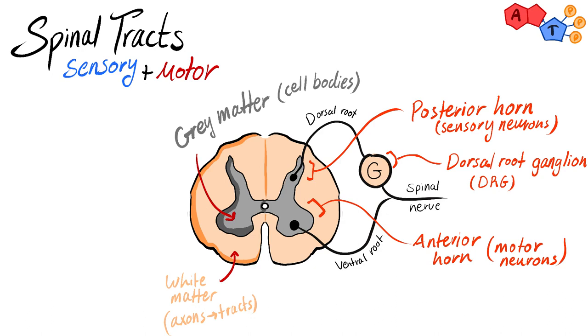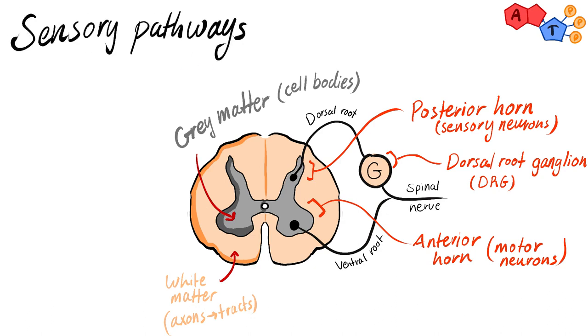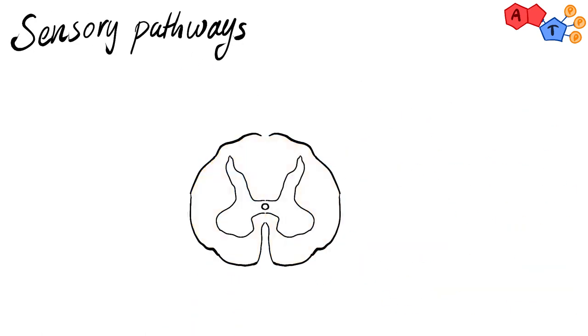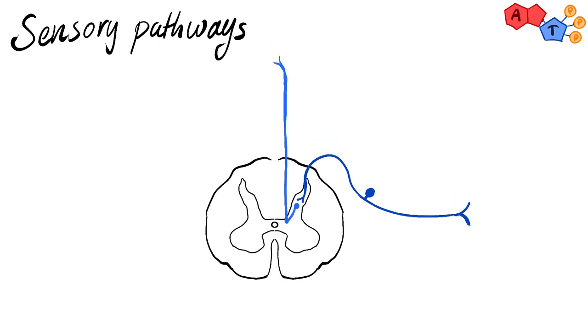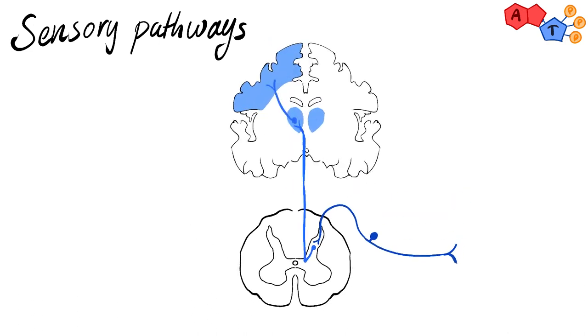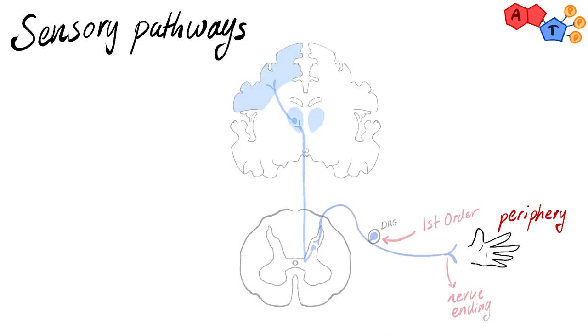Also, when talking about sensory pathways, we usually discuss first, second, and sometimes third order neurons. The first order neuron is usually present in the dorsal root ganglia, which has its axons receiving a certain information from the periphery by a certain receptor or nerve ending. Let's follow the signal.